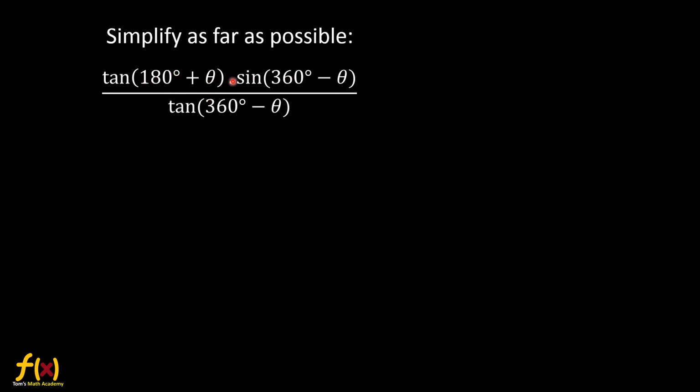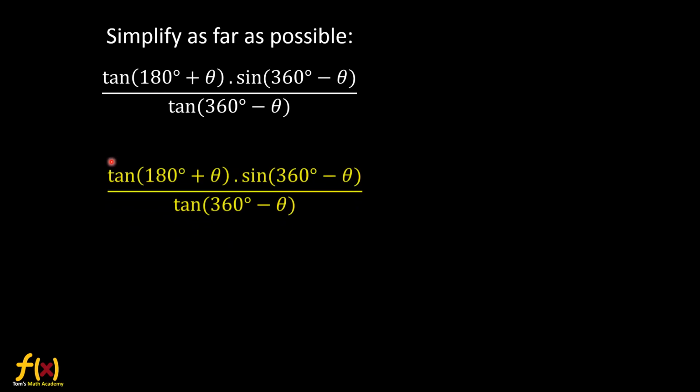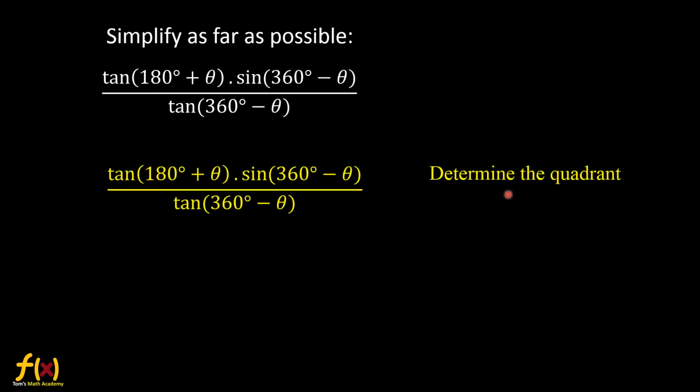We are going to reduce it into a single ratio of theta. So what we do, we look at the quadrant first. 180 plus theta is in the third quadrant.